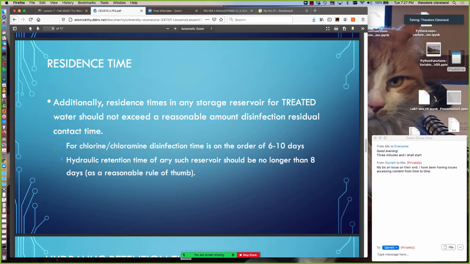It could be just fine, but that's unlikely. So as a good rule of thumb, the hydraulic retention time of any such reservoir should be no longer than 8 days. I would say 7, but 8 sounds good too.